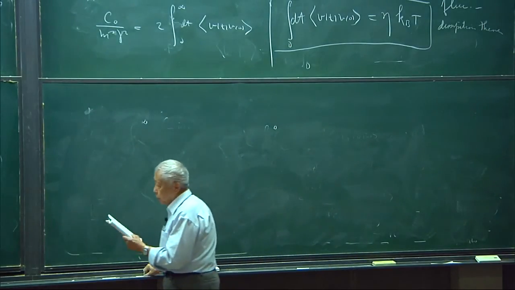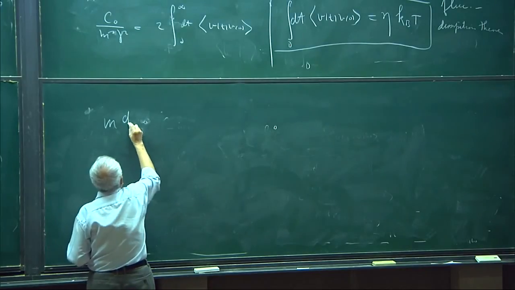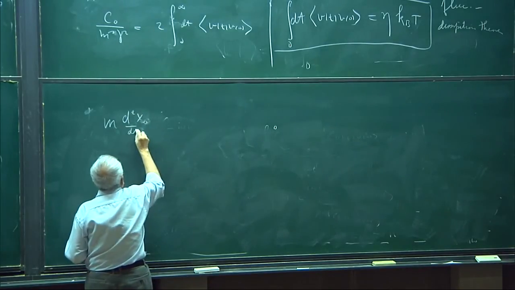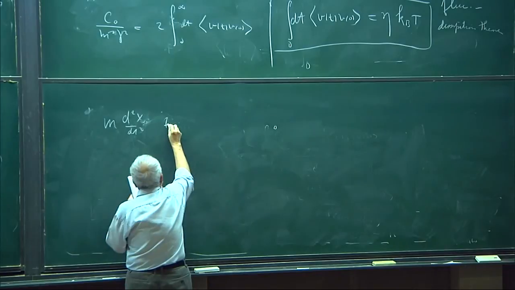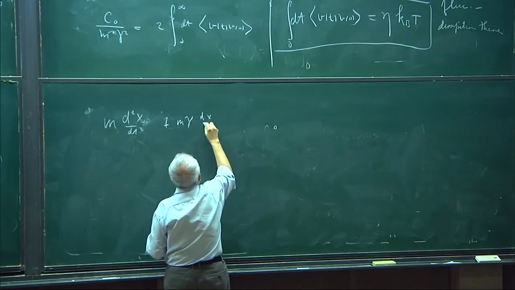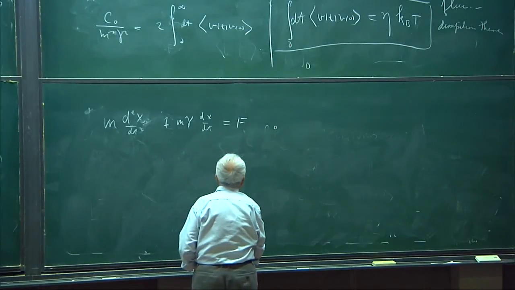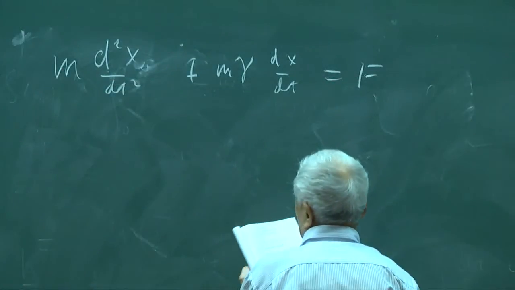If we go back to the equation, instead of dv/dt, we write m d2x/dt squared plus m gamma, instead of v, we write dx/dt, is equal to f. And I'll multiply both sides by x.